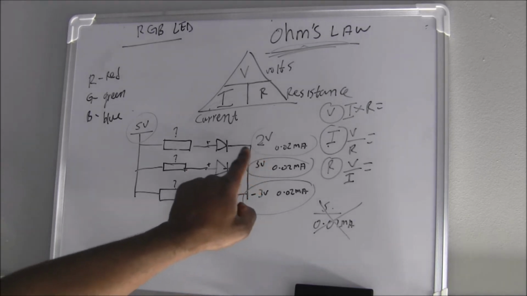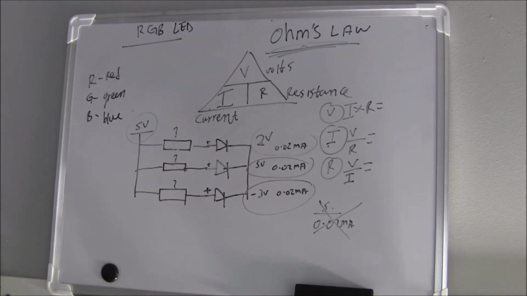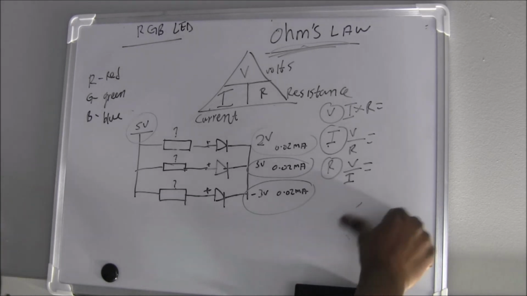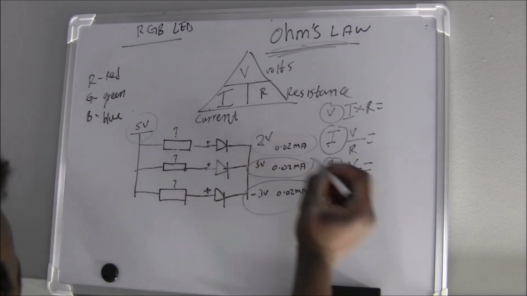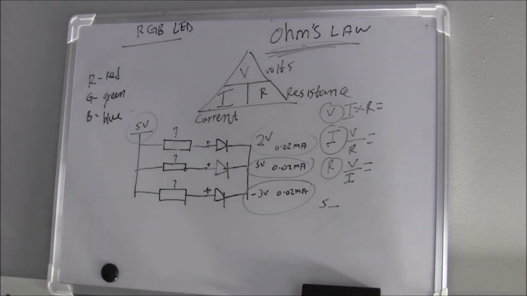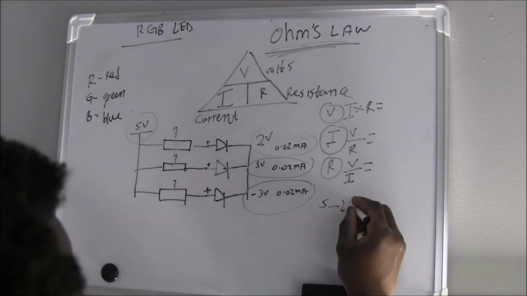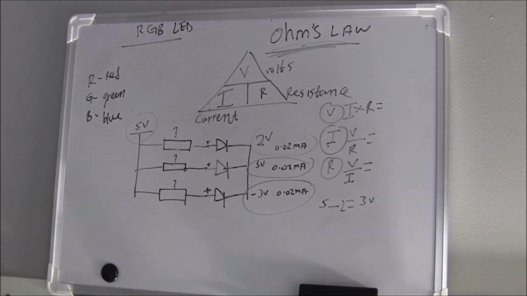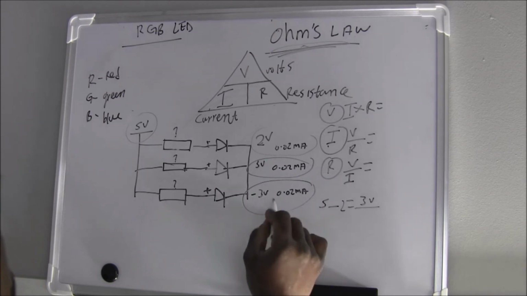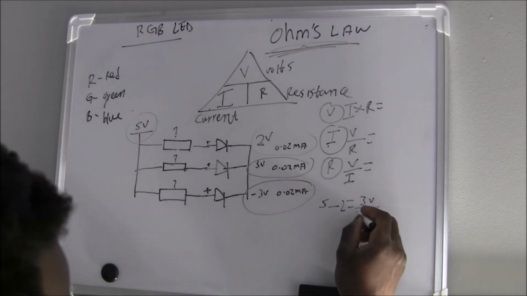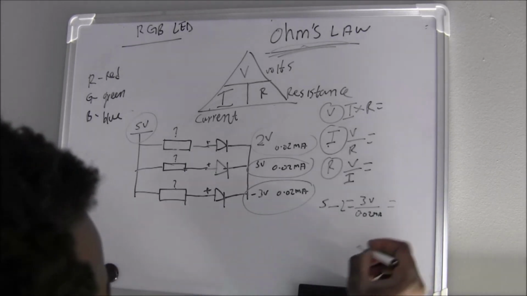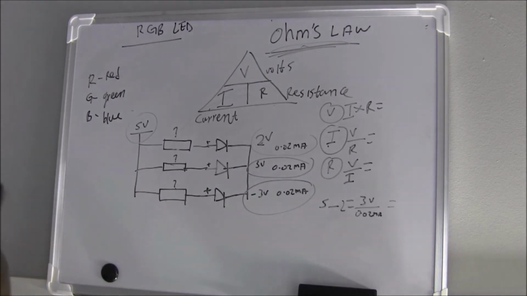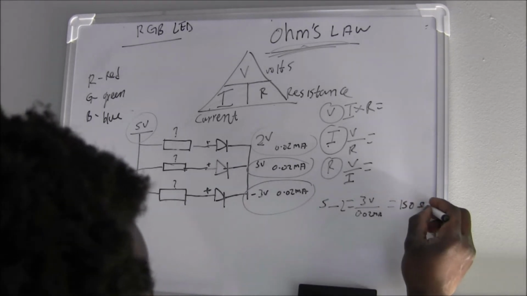Why? Because we already know that the LED here uses 2 volt. So the right equation is rather 5 volt subtract the 2 volt, which gives us 3 volt, divided by the current here, 0.02 milliamps. 3 volt divided by 0.02 milliamps gives us 150 ohms.